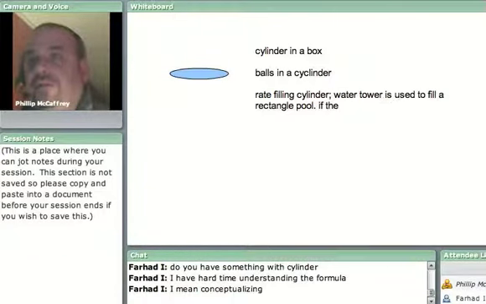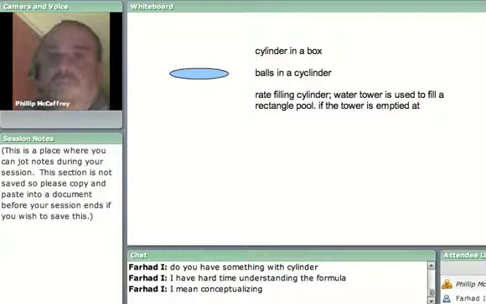If the tower is emptied at a certain vertical rate, the water's dropping down at a certain rate, how quickly is the water rising in the pool by volume? Well, that's a good question. I'm writing that one down. Or compare the volume of the cylinder to the size of the pool it could fill. What would be its dimensions?